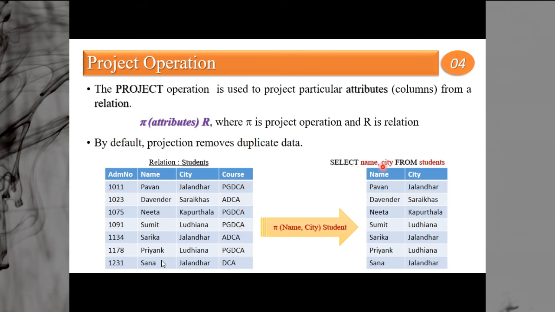When you are performing select name comma city from student, this Pawan Jalandhar will appear two times. But when you are performing a projection operation, it removes the duplicate record automatically. So only one Pawan Jalandhar will appear on your screen. You will not get the second Pawan Jalandhar, as projection automatically removes the duplicate data as per relational algebra theory.